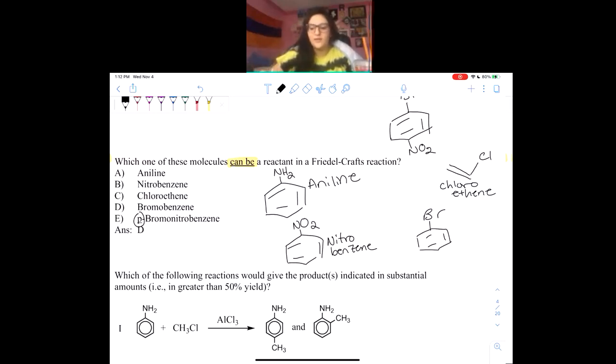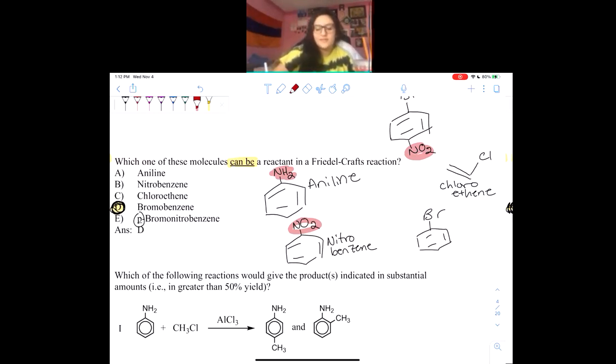The only one that makes sense to work is D, because it is the only one that doesn't have a strong deactivator, because this is a strong deactivator, this is a strong deactivator, and NH2 also won't work.